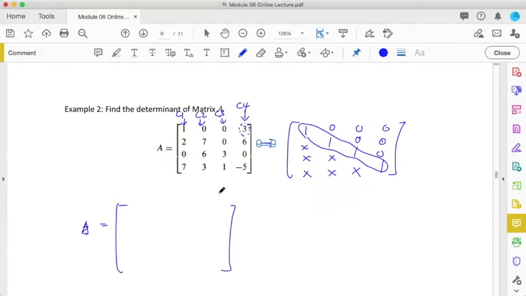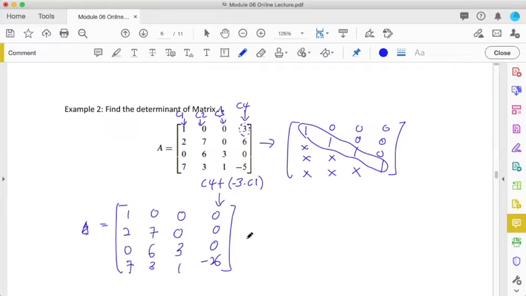To do that, we take column 4 plus column 1, but we need to multiply column 1 with negative 3. That gives us these coefficients. For columns 3, 2, and 1, we just write back the coefficients since we didn't perform any operations. So we have this matrix form.